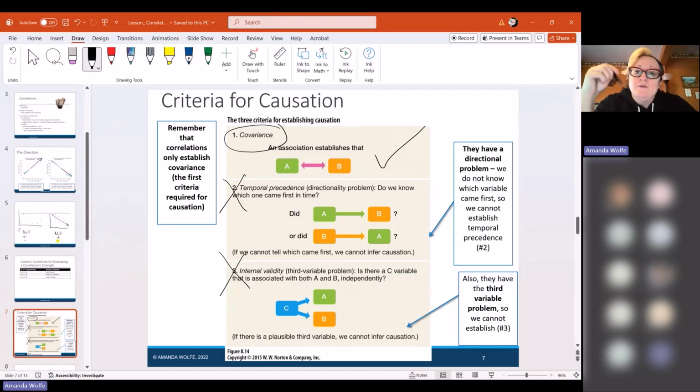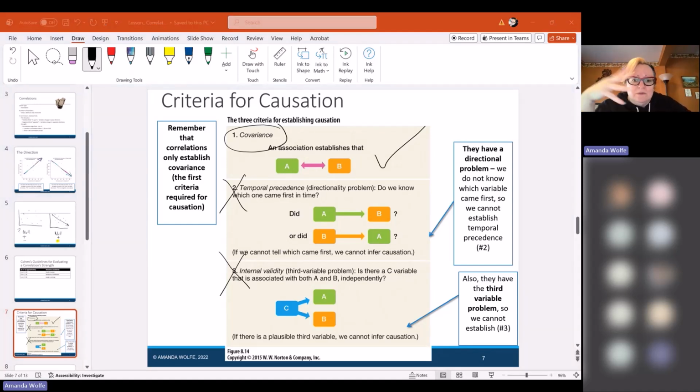The other thing correlations don't have is internal validity. And what I mean by that is we don't know if there's another variable up here that's actually explaining both things. It's kind of like we put on blinders. When we do correlations, we only look at two things at a time. So if I can only look at these two things, I would miss if over here there's something that's actually explaining both of them.